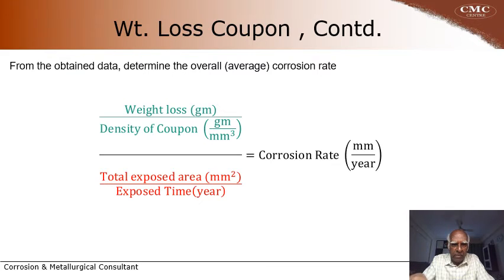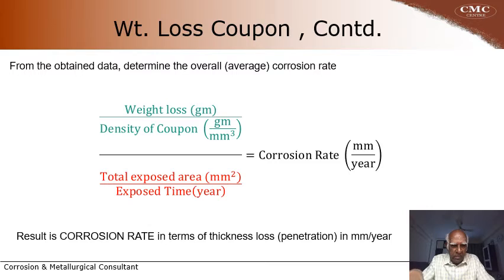This is a very useful parameter for engineers to arrive at the thickness of the equipment which they are designing. The result is corrosion rate in terms of thickness loss penetration per year. Penetration is a wording very often used by mechanical engineers.